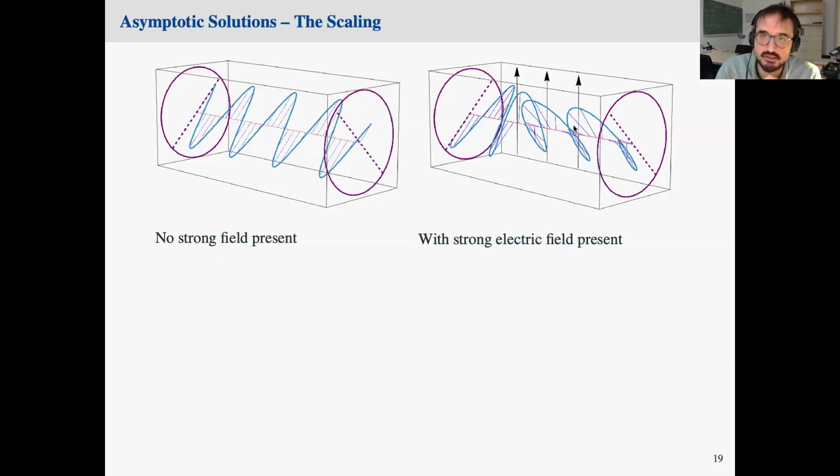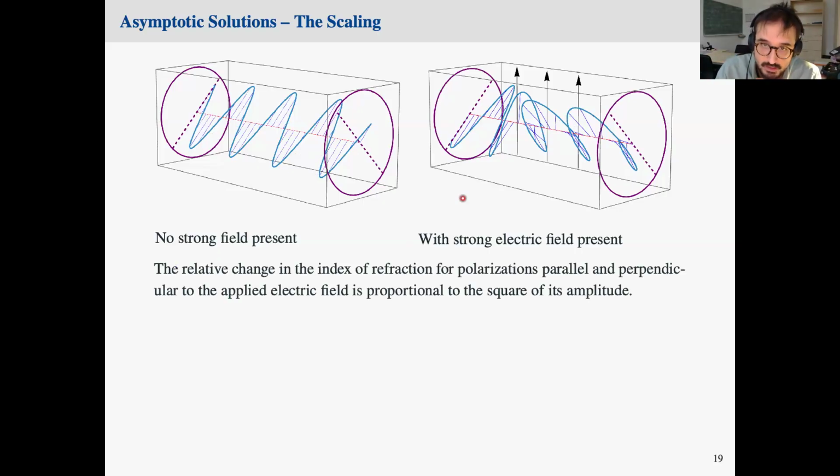If we have a strong field, then the polarization should rotate. And what happens is that the relative change in the index of refraction for the polarizations that are parallel and perpendicular to the applied electric field, which is here vertical, is proportional to the square of the amplitude.